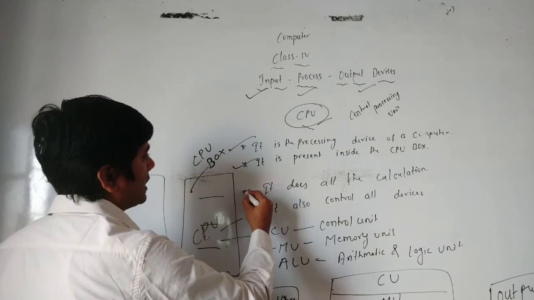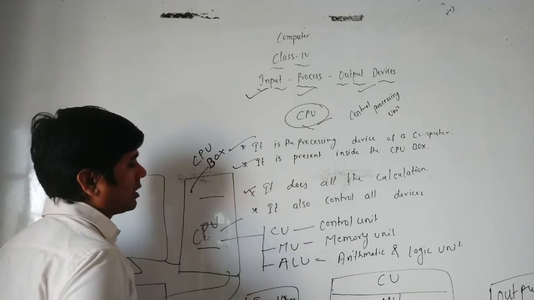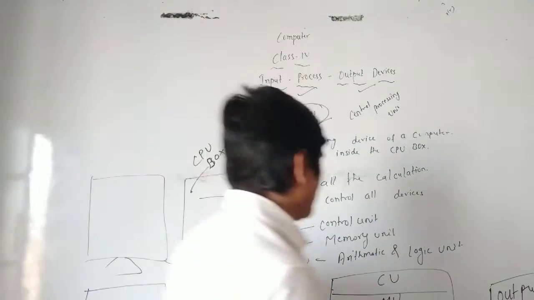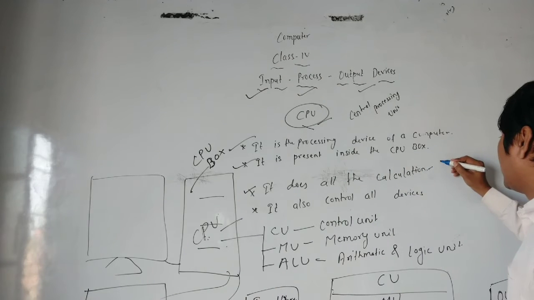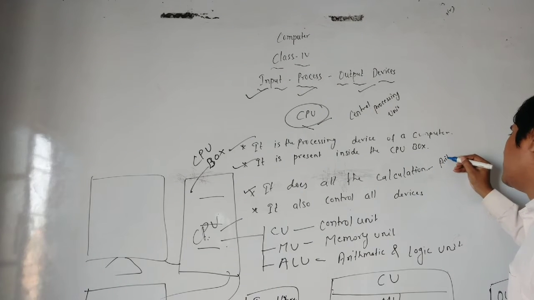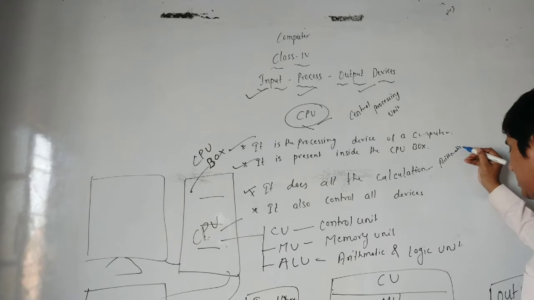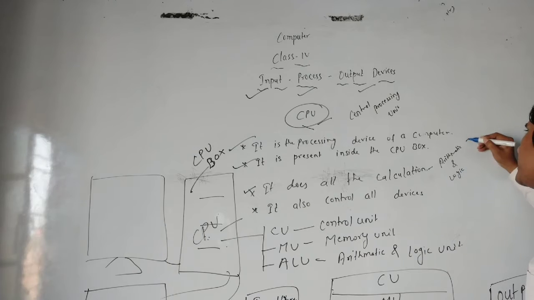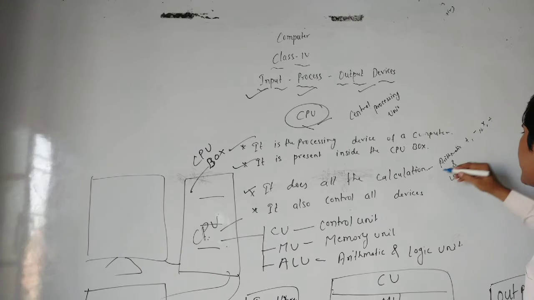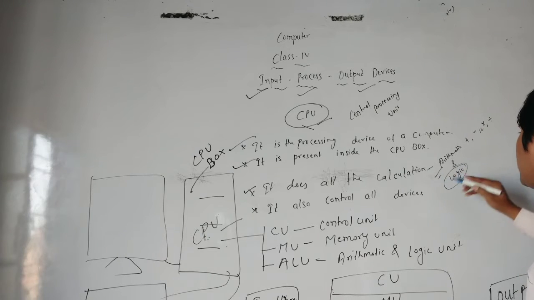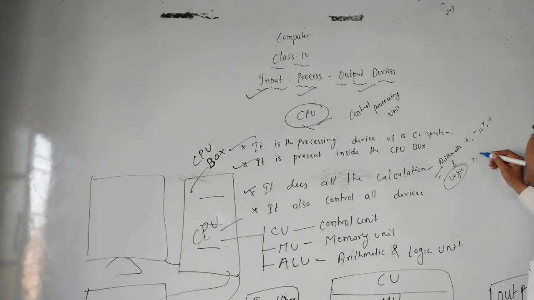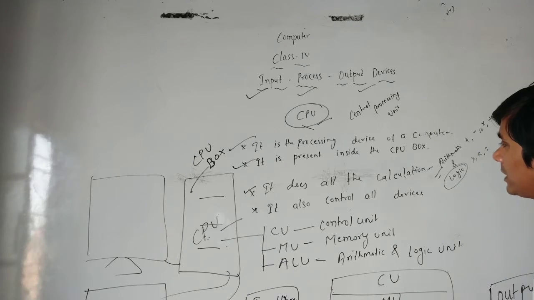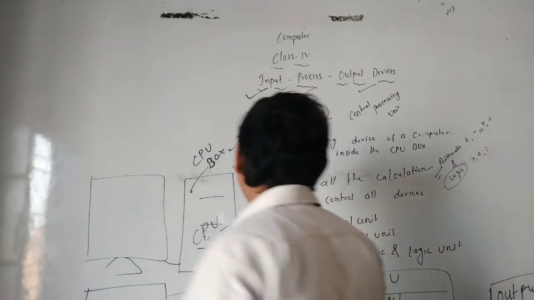It does all the calculation, such as arithmetic and logic. Arithmetic is addition, subtraction, multiplication, division. Logic means greater, smaller, equal to. It does all types of calculation.